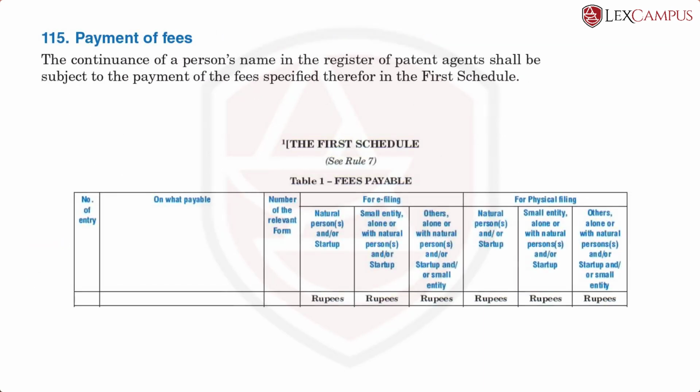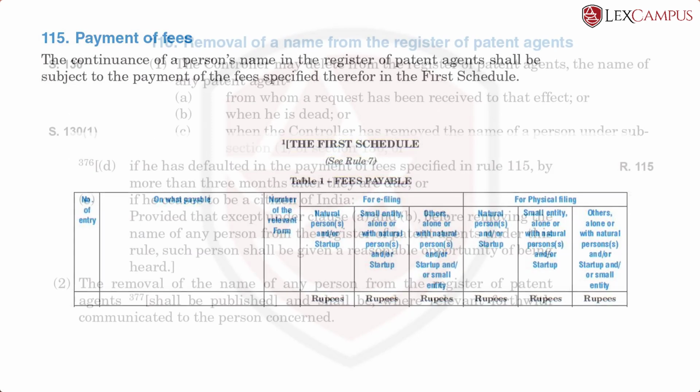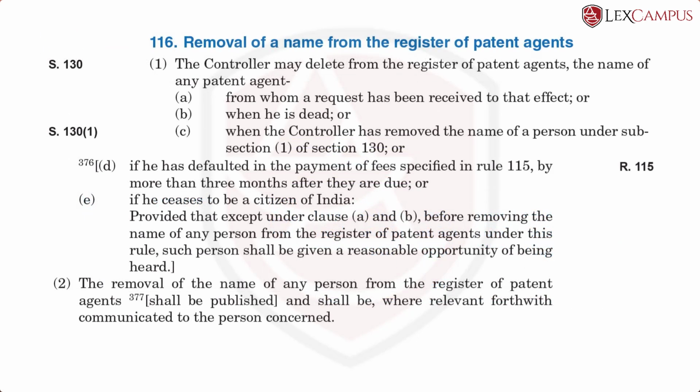The fees are mentioned in the first schedule, and 116 on removal of the name of a patent agent, the circumstances in which a person's name can be removed. Now, default of payment of fees is something that's a prominent reason why the name of a patent agent is removed from the register, and when the patent agent dies, his name is again removed.